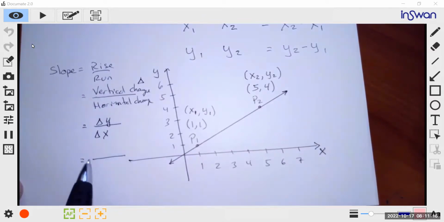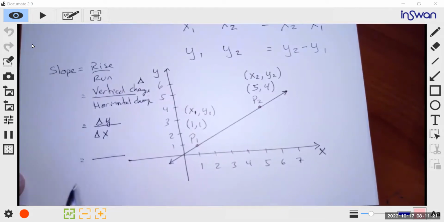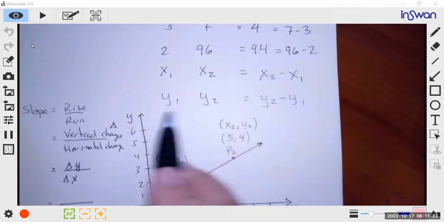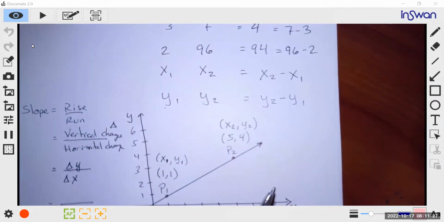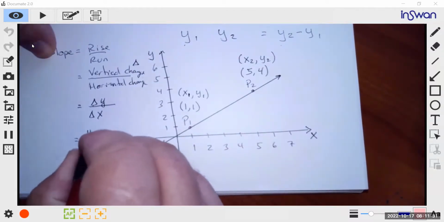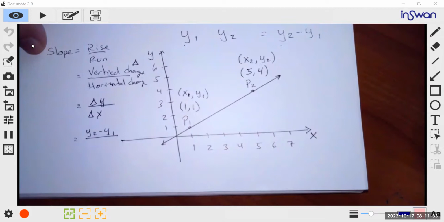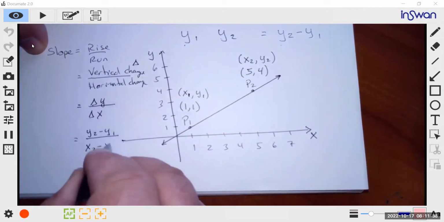So what's the formula? What do we know is the equation for the difference, the change of y? Well, we did that earlier. If y1, y2, the difference is y2 minus y1. So the top part is y2 minus y1 over the change of x, x2 minus x1.